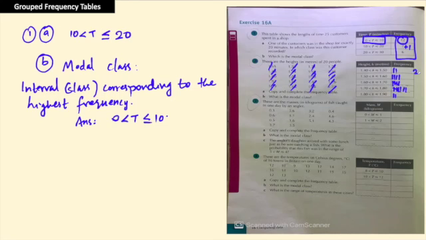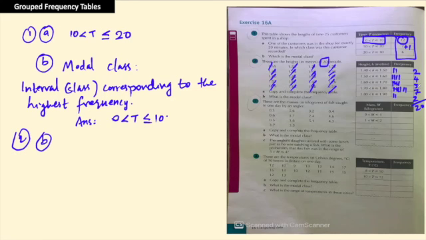So it will be 2, 4, 5, 7, 2. And now at last we have to check the totals. 9, 14, 18, 20. So the total is 20, which is correct. What is the modal class? As we explained here, modal class is the interval corresponding to the highest frequency.